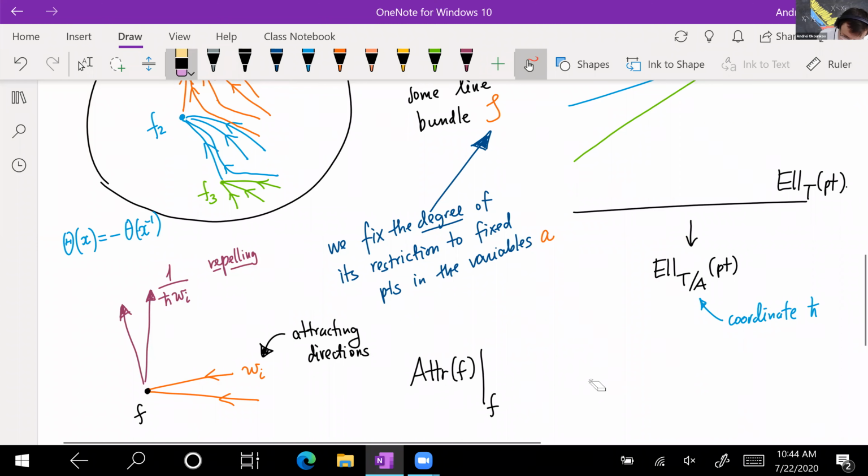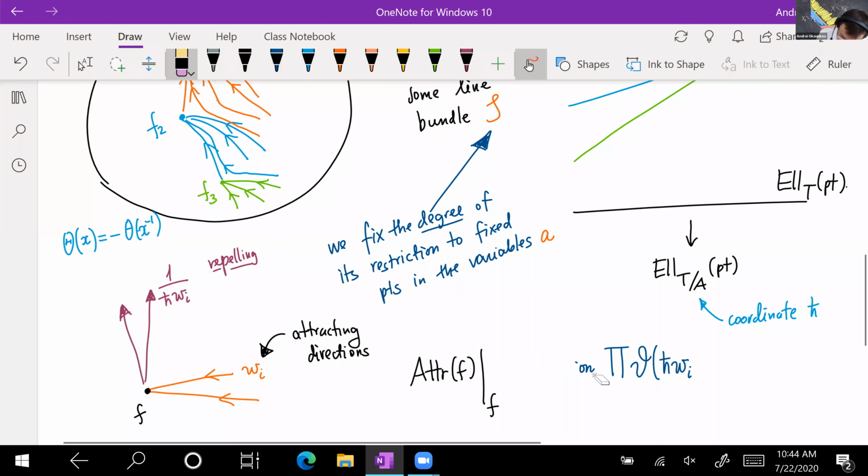So maybe I'll write: it is a section of which line bundle? It's a section of the same line bundle as a product of theta functions of h bar wi.